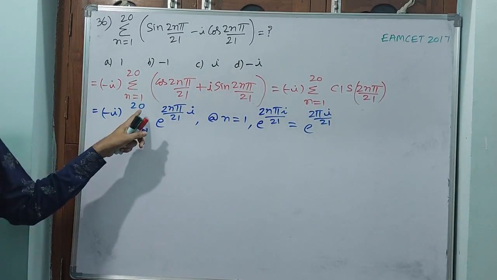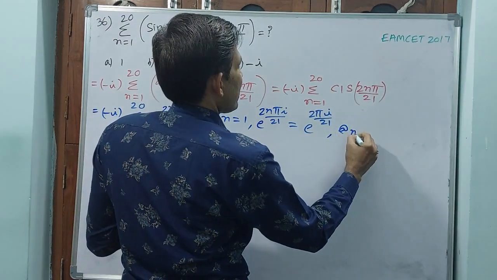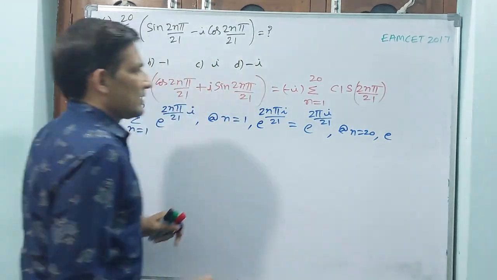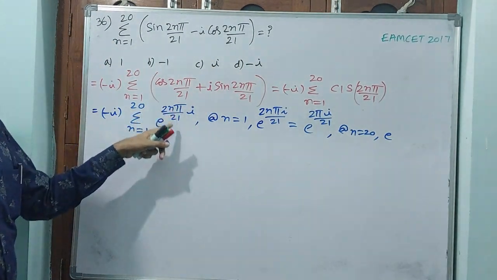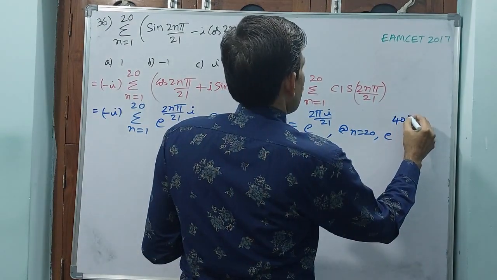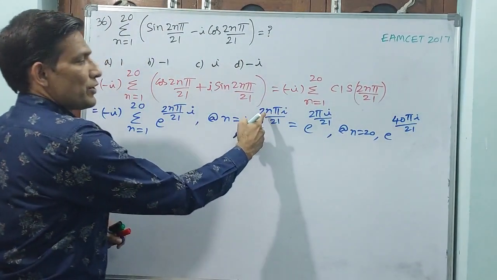Now you take the last one also, at n equal to 20, e power 40πi/21. Why? Because 2 into 20.